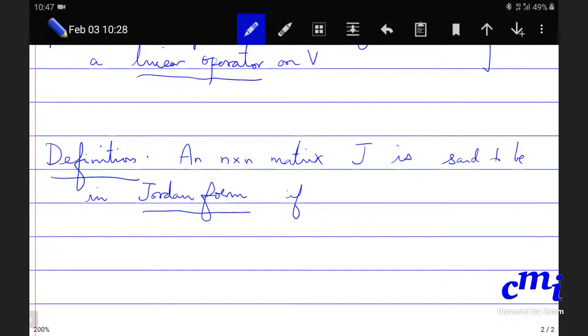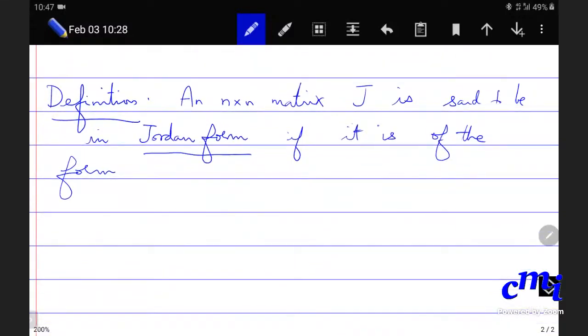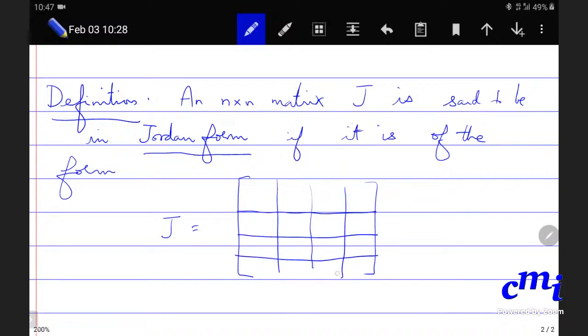If it is of the form, so it is block diagonal, so the off diagonal blocks are all 0, and on the diagonal we have Jordan blocks: J lambda 1, J lambda 2, J lambda 3, and so on.